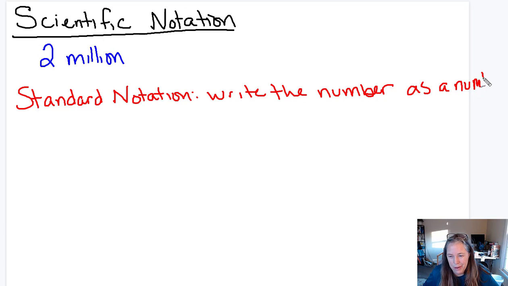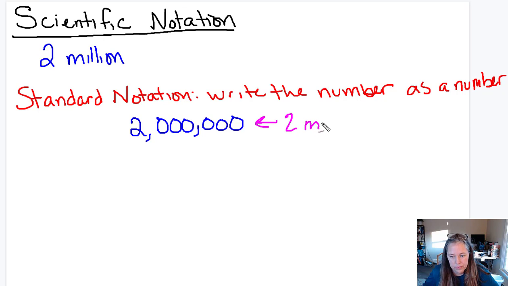I was saying write the number out, but I thought that was maybe not specific enough. So standard notation for 2 million looks like this. We have our 2 in our millions place, then we have our thousands places, then we have our ones places. And that is 2 million in standard notation.